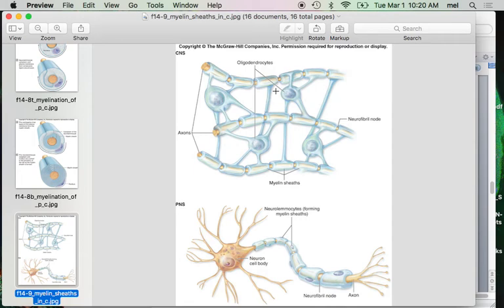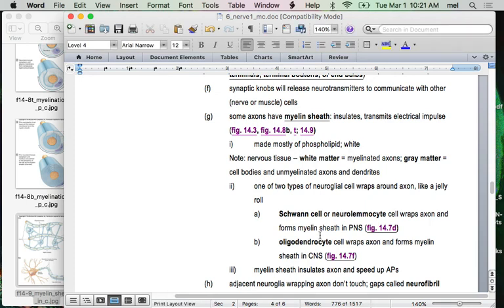It doesn't always work, but they try. If you damage gray matter in the CNS, you're screwed. We all know that. But if you damage white matter, you're also probably screwed because they don't help. They get out, and then scar tissue fills the area. And so that's the last thing we're going to talk about today: nervous system damage and regeneration.